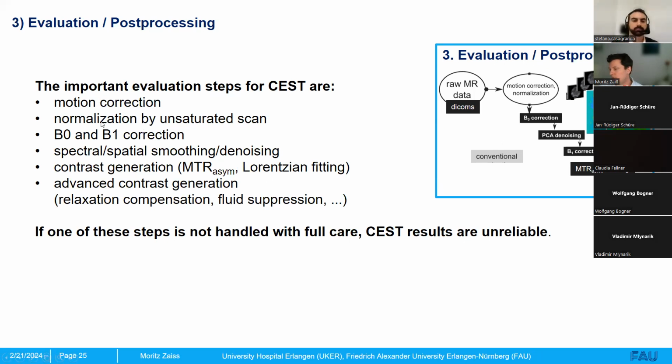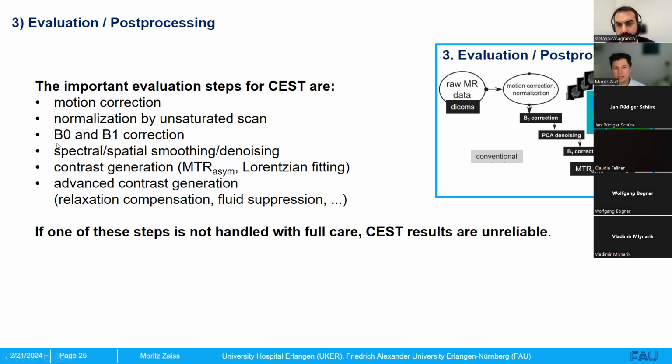If your normalization scan changes by a factor 2 or by a factor 0.75, all your CEST effects will also be scaled by this factor. So if your data doesn't match the literature, maybe your normalization is different from the literature. All right, so it is important that you have a proper normalization scan acquired and also use it properly during the evaluation.